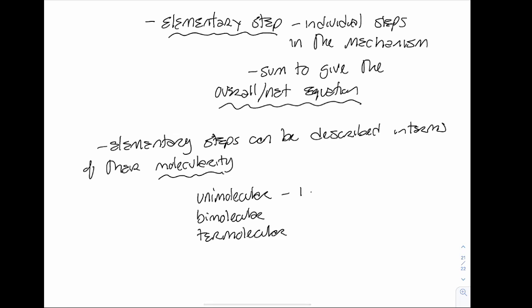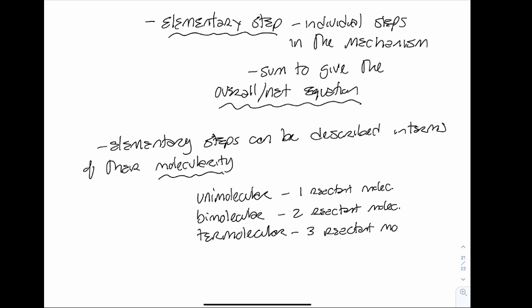So here, 1 reactant molecule, 2 reactant molecules. They could be the same, so you could have 1 reactant with a coefficient of 2 in front of it that would be considered bimolecular. Termolecular, 3 reactant molecules. Right? I'm not saying 1 reactant, I'm saying 1 reactant molecule in my balanced equation for that elementary step.